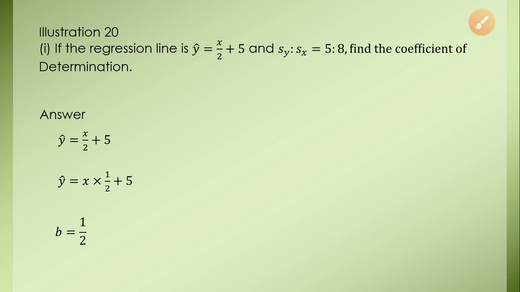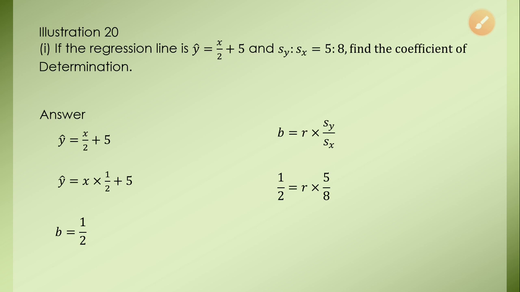Now, what will we do, sir? We have one formula of b which includes r. You want to find the coefficient of determination, that is r square, so you should include r somewhere, then only you can find r square. Now you can see that we have b as 1 by 2, r we need to find, and sy upon sx is given in the question again: 5 is to 8.